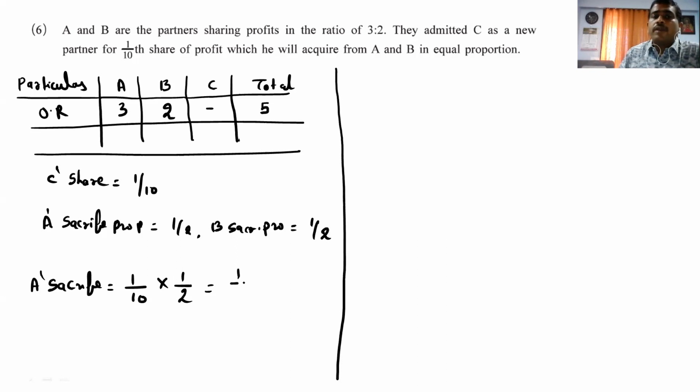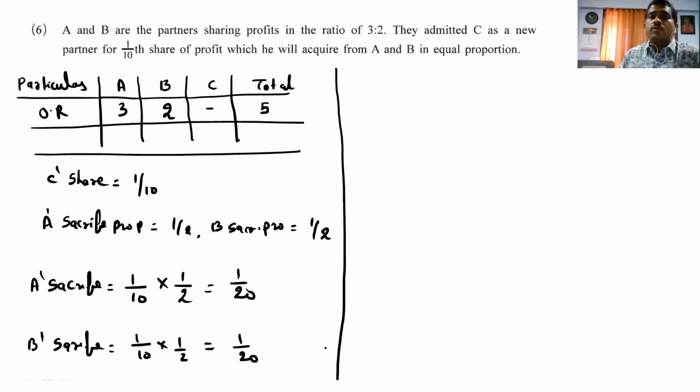Now it comes 1 by 20. That means A's sacrifice is how much? 1 by 20. While B's sacrifice, I think same, 1 by 10, it's also half. 1 by 2, that is 1 by 20.